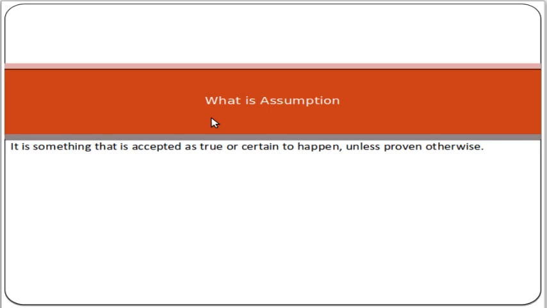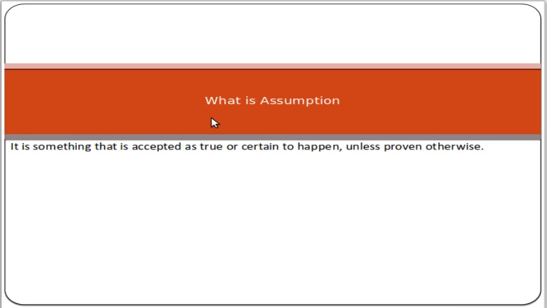Basically, assumptions are something which can be true or which can be false. It depends on the situation, and it is the thing which we have accepted as something that will happen. And sometimes it happens that it is false as well. Let me give an example. For example, you are going on site at the client side and you are assuming that the internet connection would be available on site.